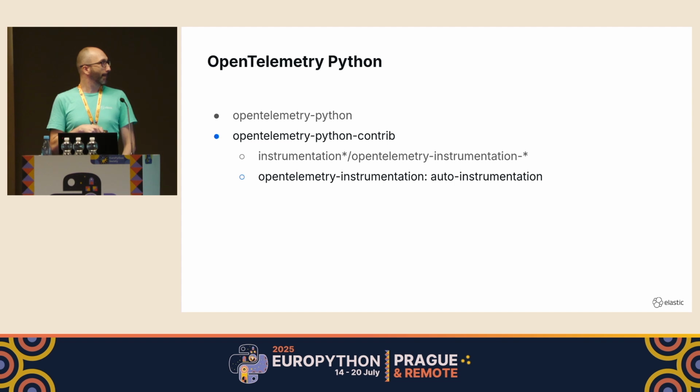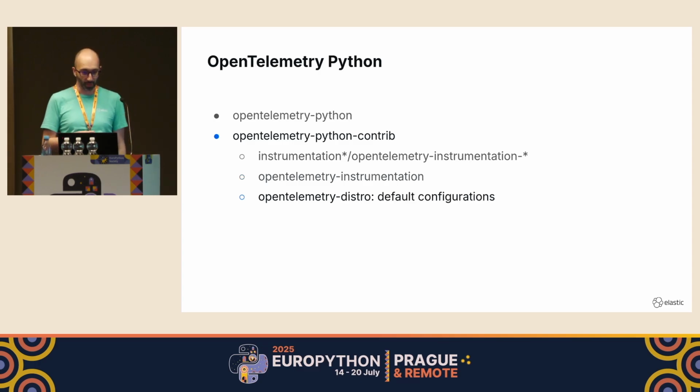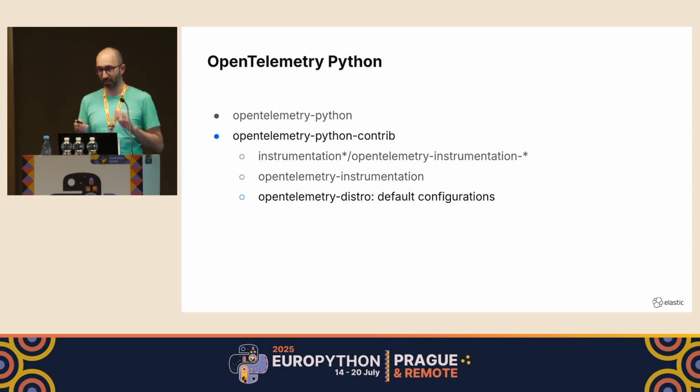Again, we have the OpenTelemetry instrumentation package that implements what we call auto-instrumentation or zero-code instrumentation. This is the ability to instrument an application without touching the application code. Then the OpenTelemetry distro package is a really small package that contains just some basic default configuration, like setting the default exporting protocols and stuff like that.